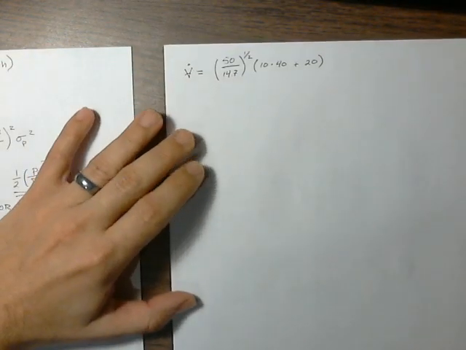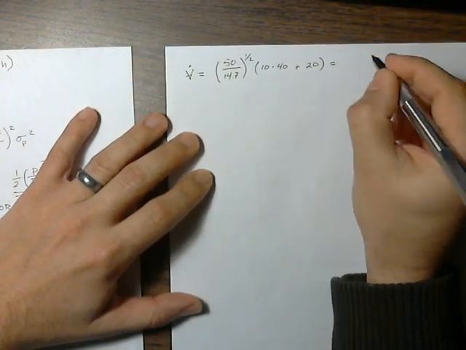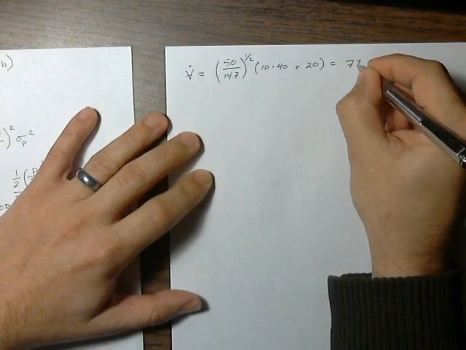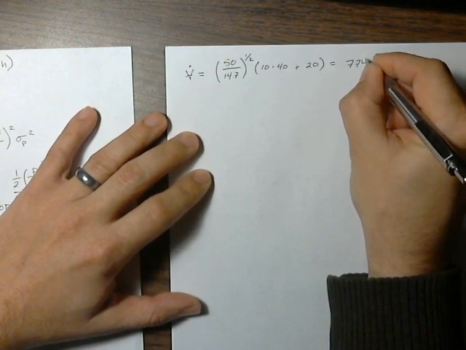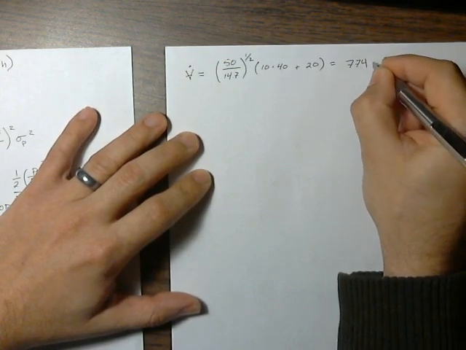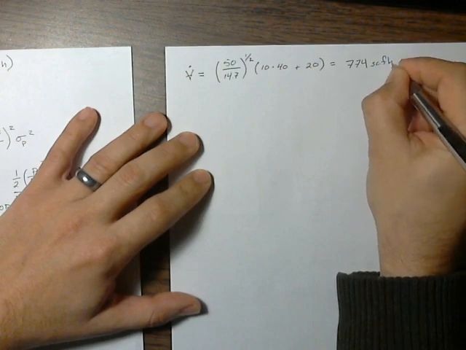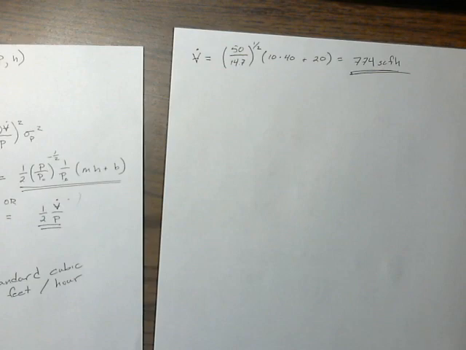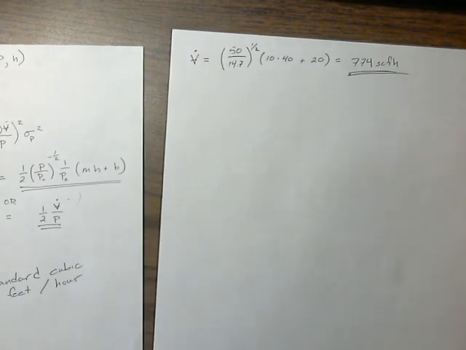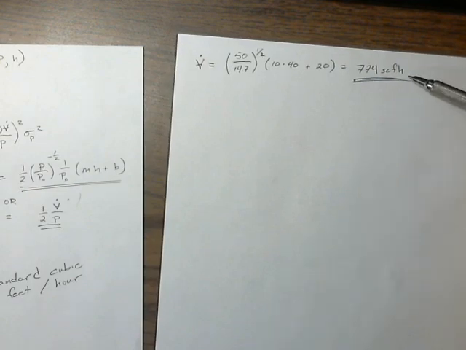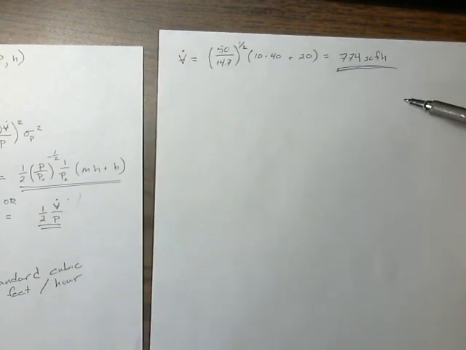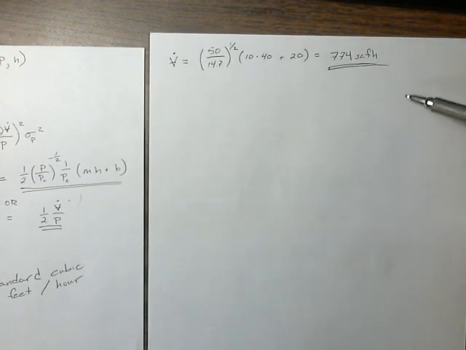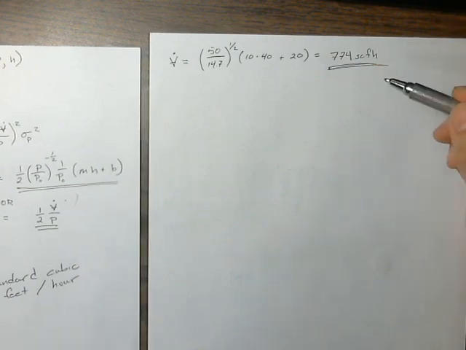So we have about 774 SCFH. I'm being super lazy about rounding. I'm assuming we're not that accurate anyway. So it's a pretty high flow rate. That's moving right along, but that's not crazy. You can obtain this.